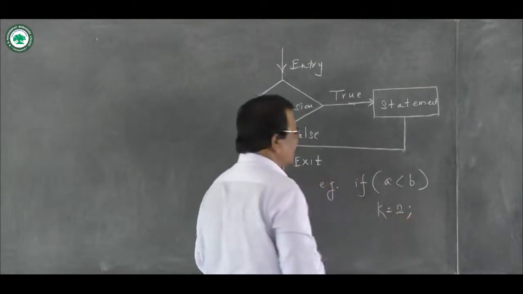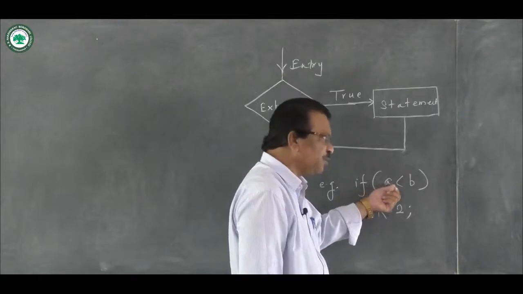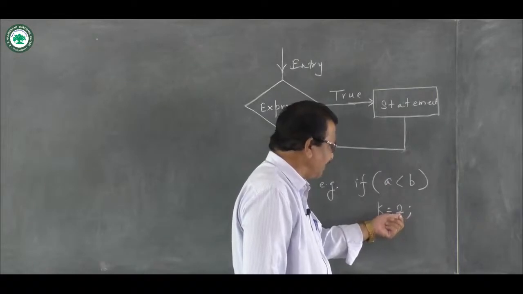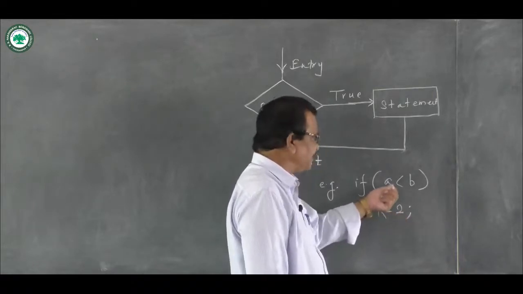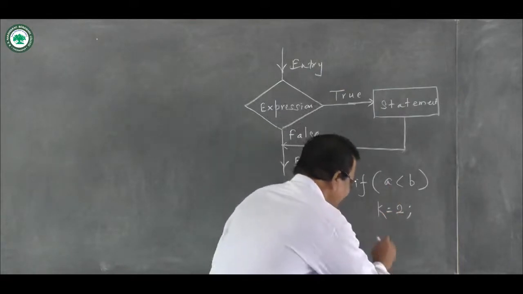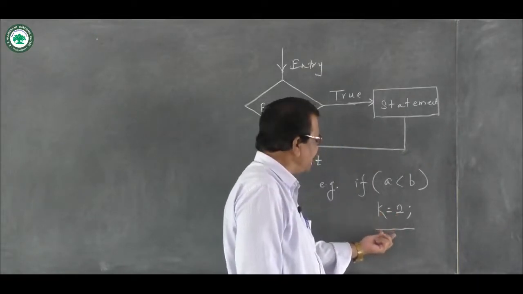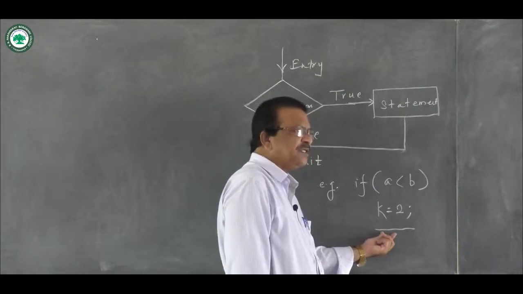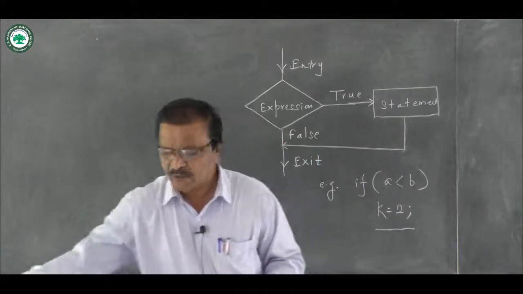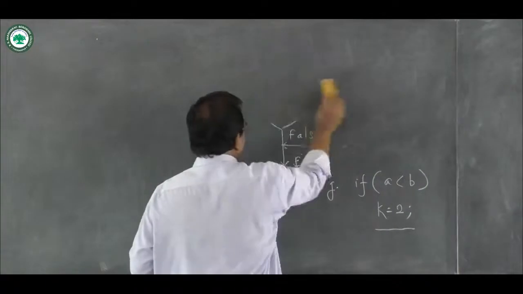If this expression is true, meaning A is less than B, then the integer value 2 will be assigned to K. If this expression is false, then the value 2 will not be assigned to K, and the program execution will continue after skipping this statement, from the statement which immediately follows K equal to 2, say statement X. So this is how the if statement is used in C programming.